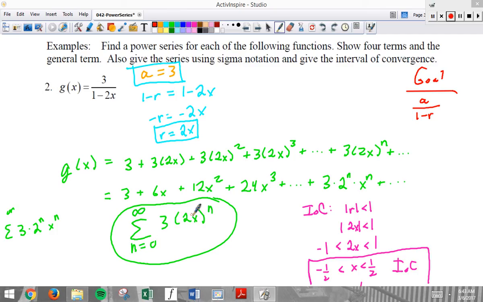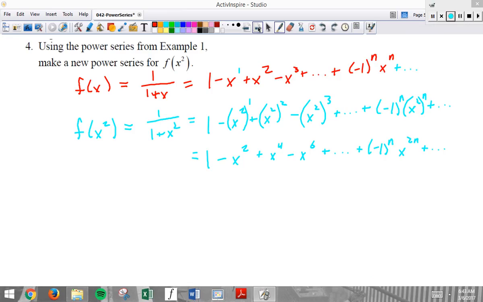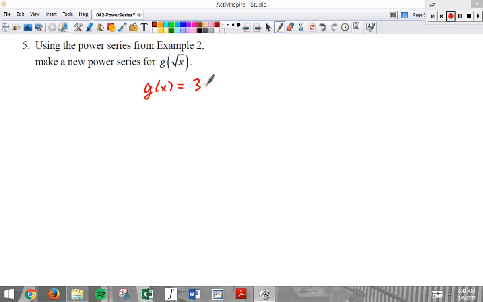Let's just write this: 3 plus 6x plus 12x squared plus 24x cubed plus dot dot dot plus 3 times 2 to the n x to the n plus dot dot dot. First 4 non-zero terms and the general term.